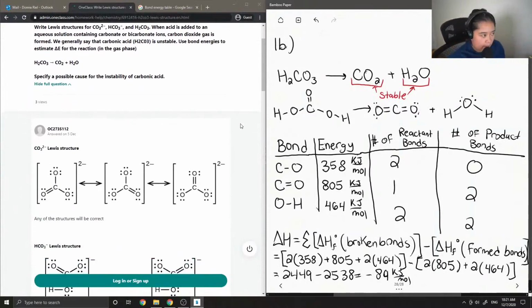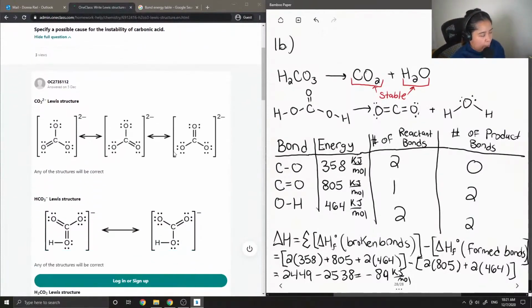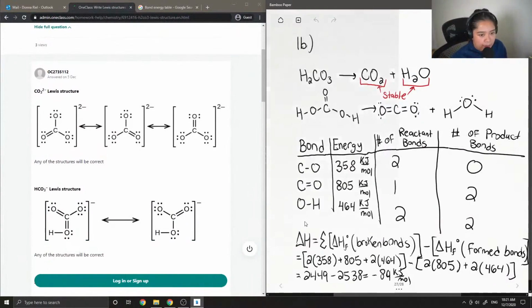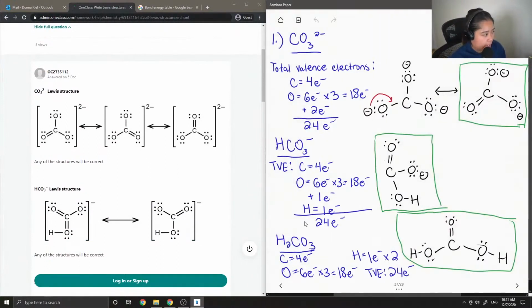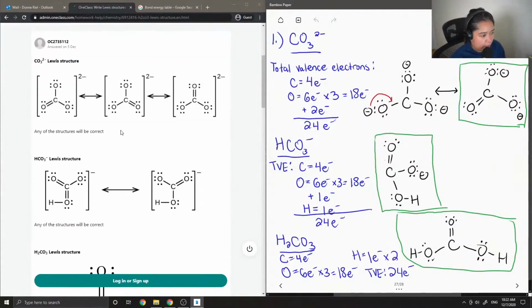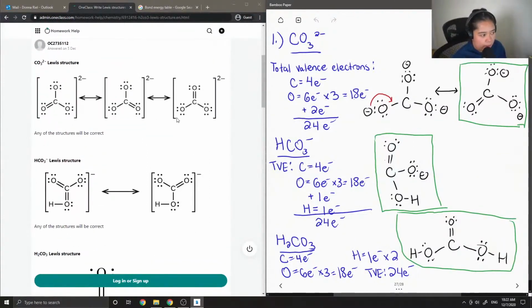Okay, so now let's see what the junior tutor said. Going back to my previous page, they have the different probable Lewis structures of the carbonate ion. Okay, so they have all of the different resonance structures. So all of these are correct.